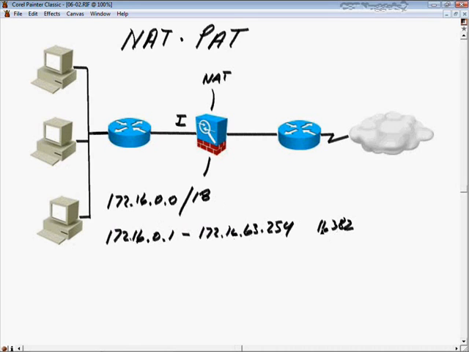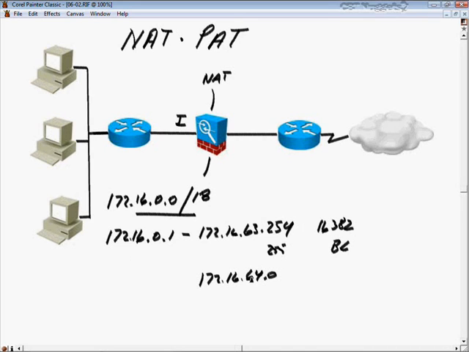This is actually 16,382 addresses. Now, we can't use 172.16.0.0 because that's our network. And we can't use 172.16.63.255 because that's the directed broadcast on this network. And by the way, if we go up one from 255, which is the broadcast, the next available address is 172.16.64.0.